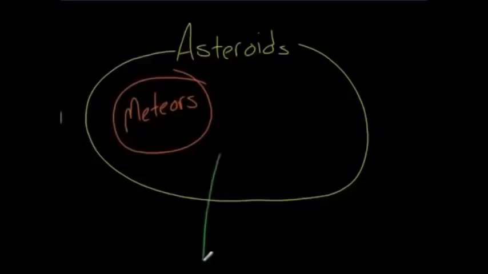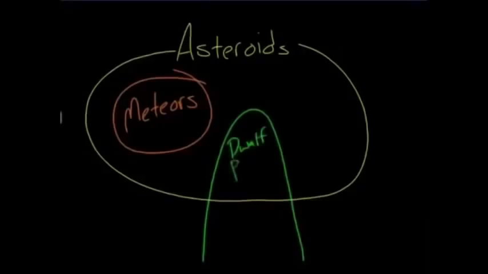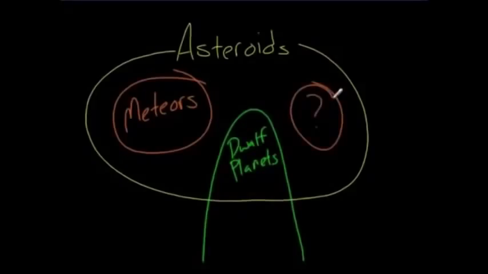So we'd have some dwarf planets that are considered asteroids. And anything else that's around the orbit of Jupiter that might have been classified as other things. So we have some other stuff like various gas, dust, just stuff floating in space.